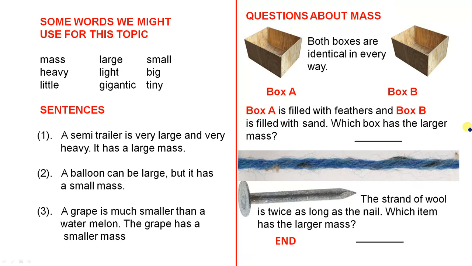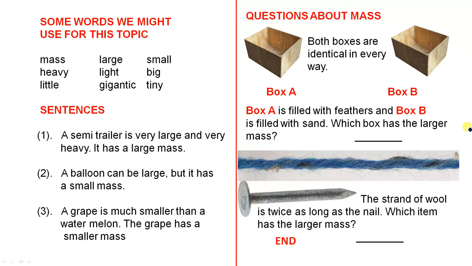Some words we might use for this topic. So some words that can be used when we're talking about mass, obviously the word mass itself, large, small, heavy, light, big, little, gigantic, and tiny.